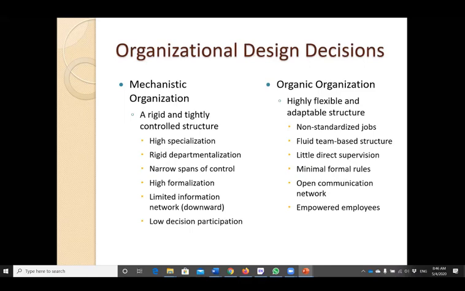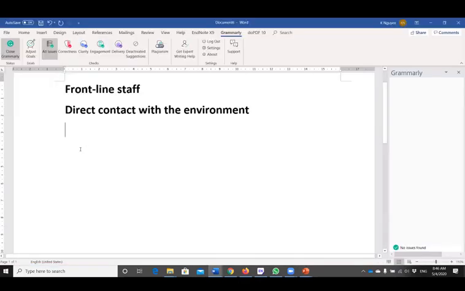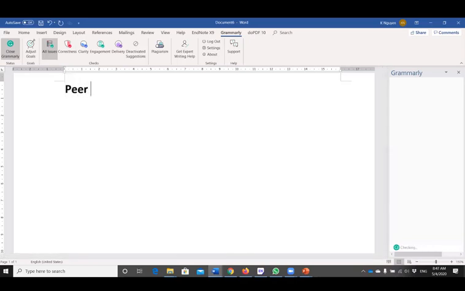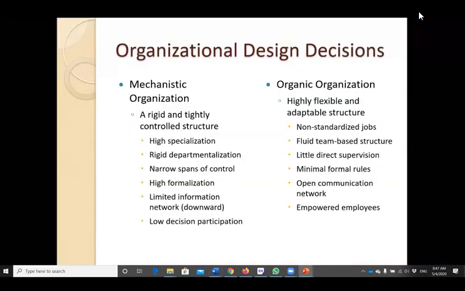And little direct supervision will be needed, because people are working peer-to-peer, like everyone is at the same level. So no one can be the boss of another, with this very original meaning.